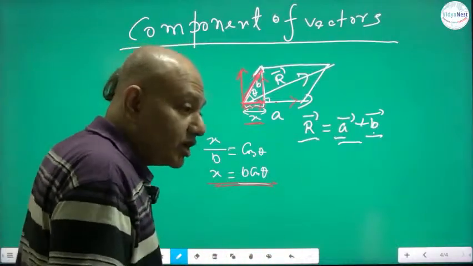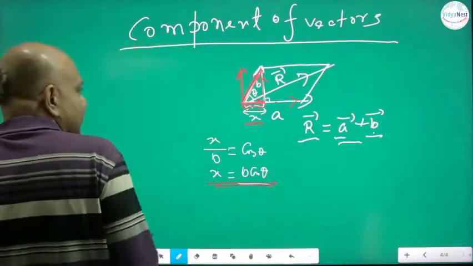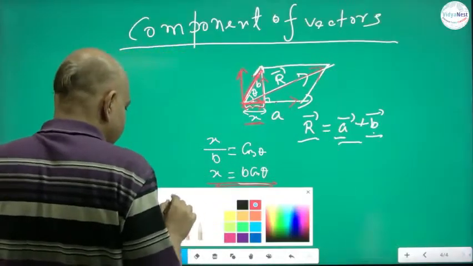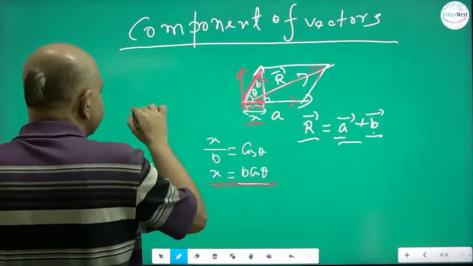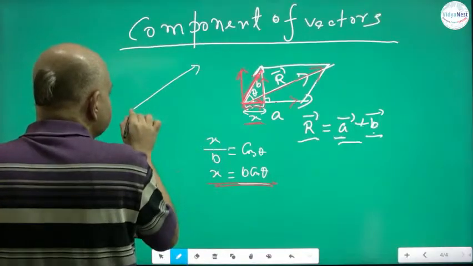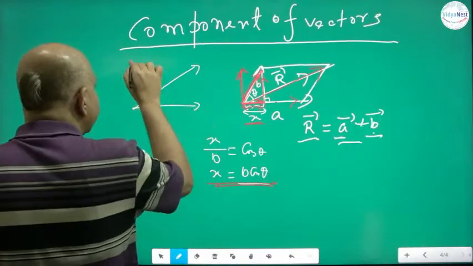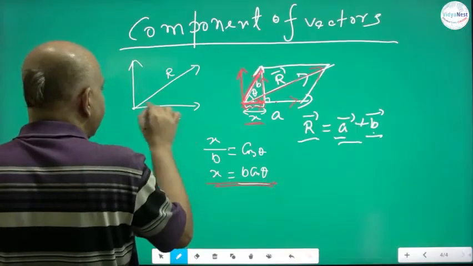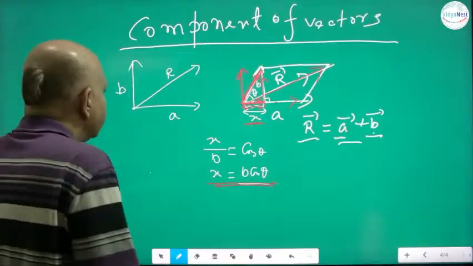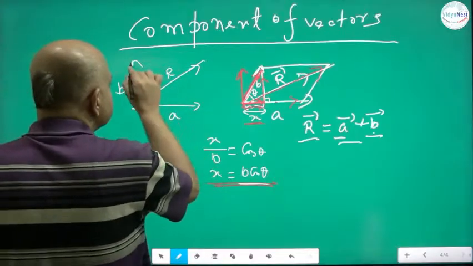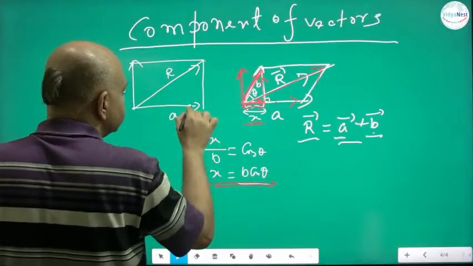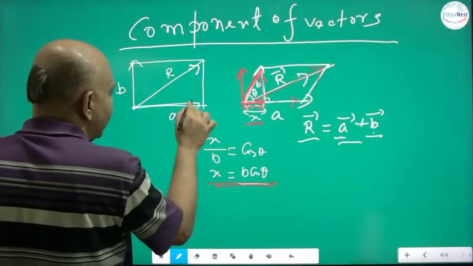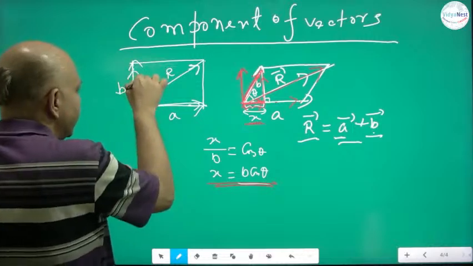So what should be the solution? You see, I am going to take again the same vector r, and I am splitting r into two vectors. This vector r, this is a and this is b. Now you see, this is a vector r, one having a component this way, another component this way, a and b.